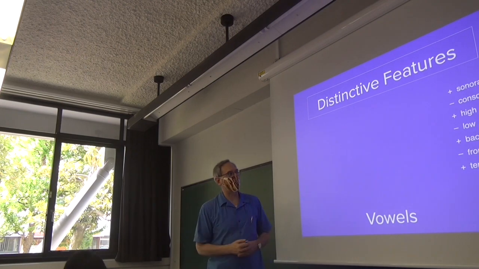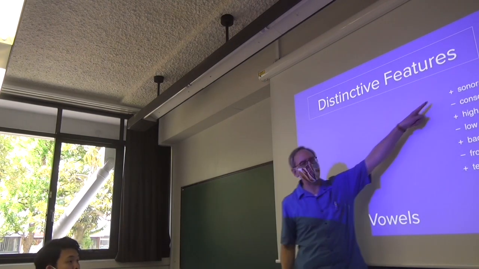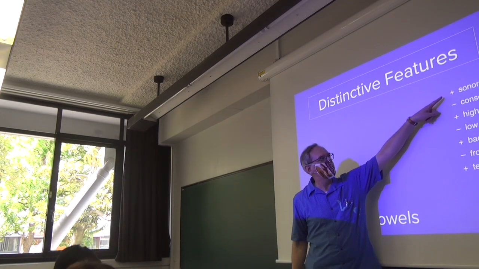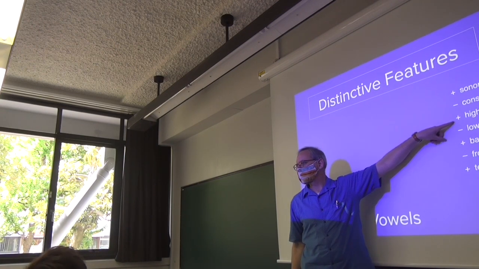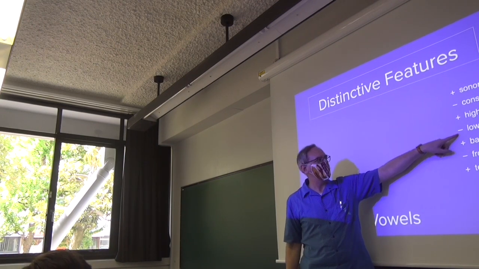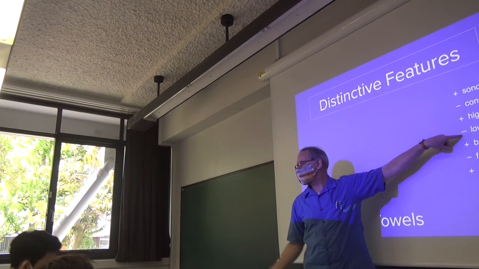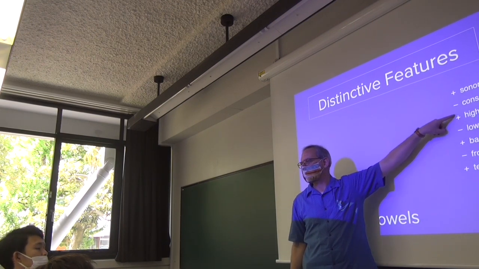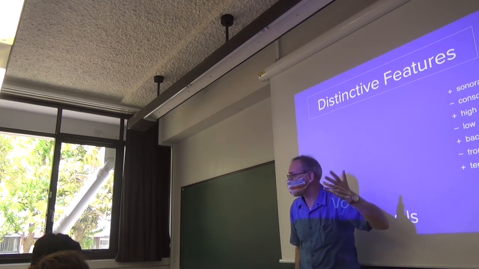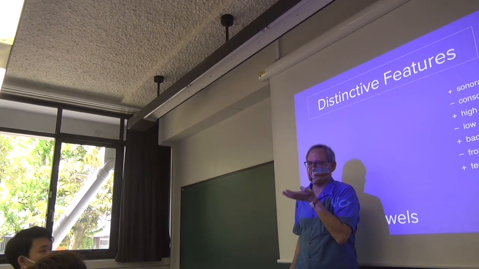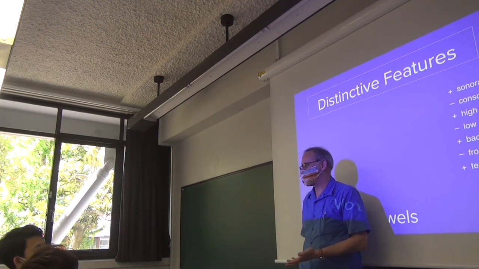If I combine this particular combination of values, plus sonorant, minus consonantal, plus high, it's a high vowel. Minus low is kind of automatic. All plus high vowels are minus low. If your tongue is in a high position, it can't be in a low position.